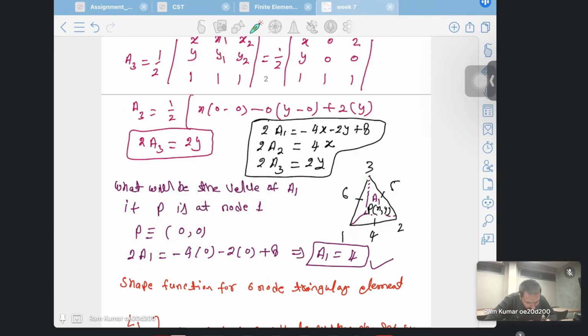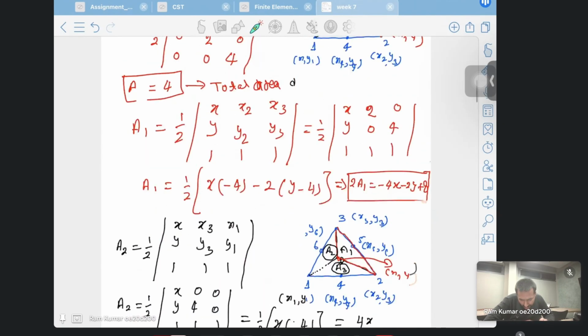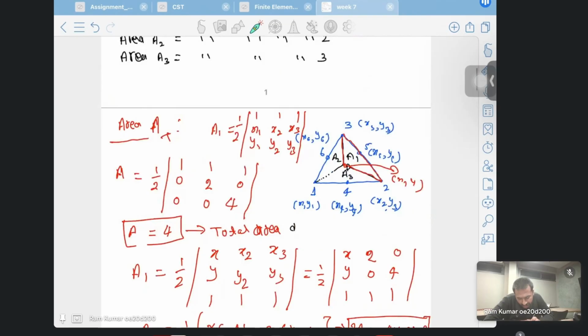What will happen? This will become the full triangle. It means the area of this full triangle will be area A1. So if I put x comma y equal to 0 here, then we get 2A1 equal to 8, A1 equal to 4. And we also saw earlier that the total area of this triangle is 4.